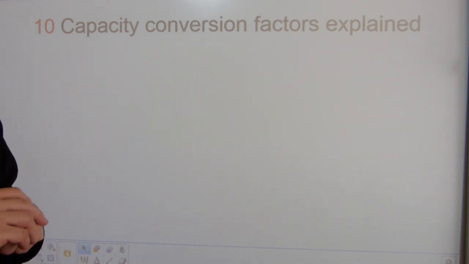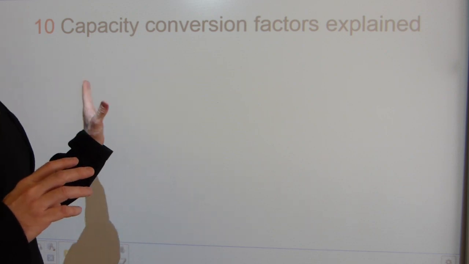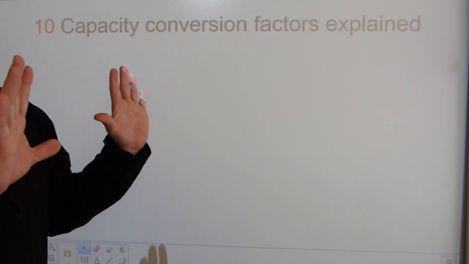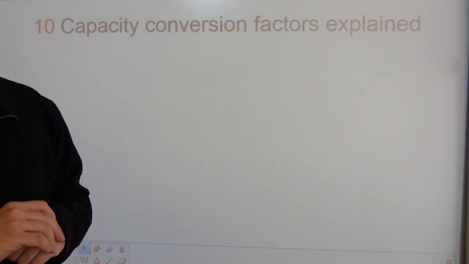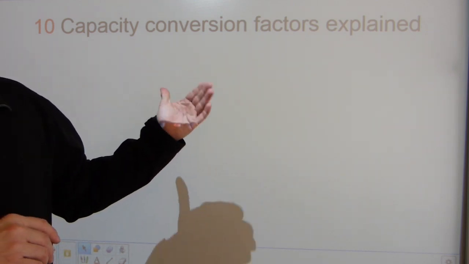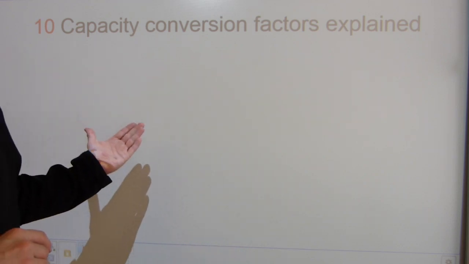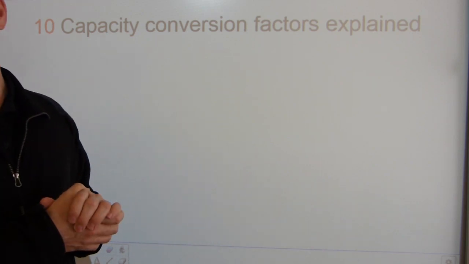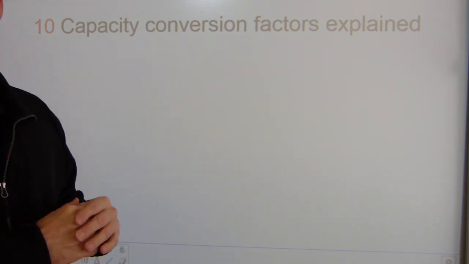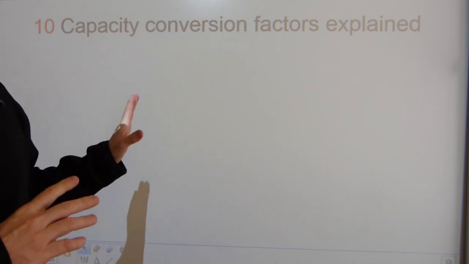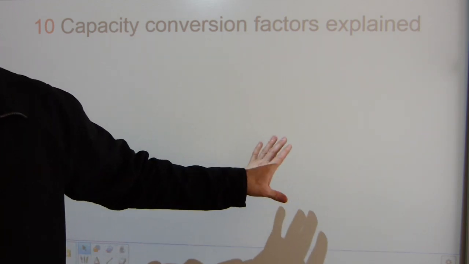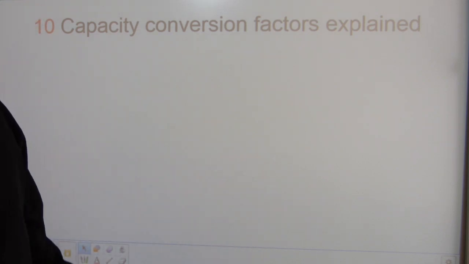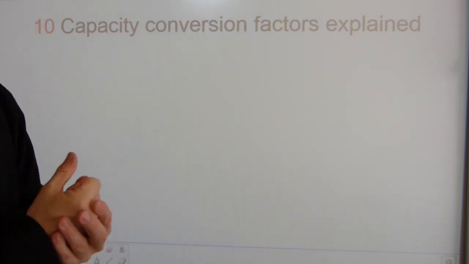But there is a reasonable, logical explanation behind these numbers, so the fact that these are explained, it might help learning and it might aid memorizing. Whether making the conversion factors sensible actually helps, or how much it helps with memorizing, it's up to you. It depends on everybody's different. So whether the math stories that unfold will actually help you remember the conversion factors, that again, I don't know.